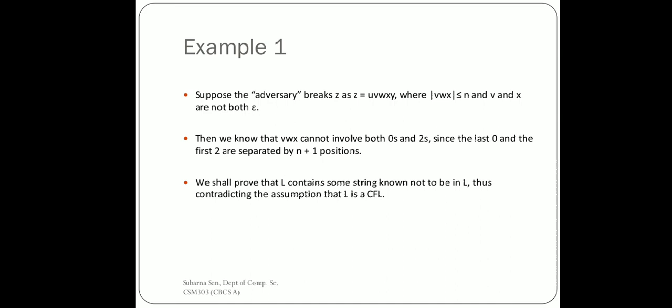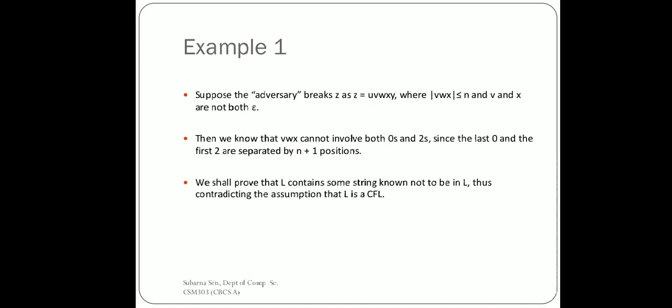If vwx has to contain both zeros and twos, then it is not satisfying the condition, because the position gap between 0 and 2 is fixed. The number of 1s should be n, so the position gap between the last 0 and the first 2 encountered is n plus 1, and it is not satisfying the criteria.